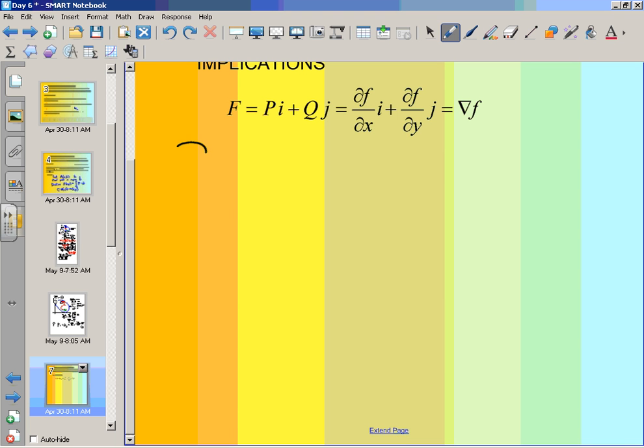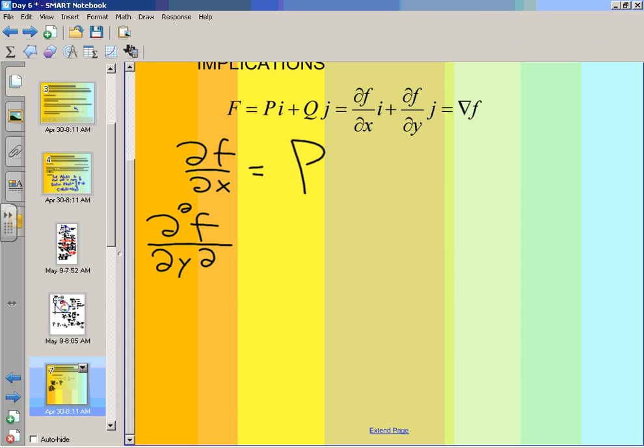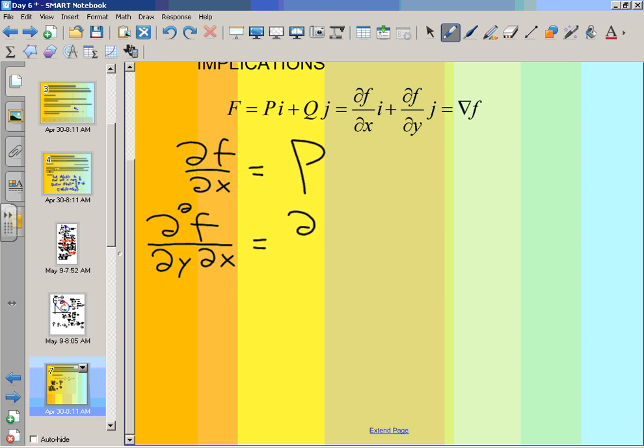So this equality tells us that df/dx equals P. And if we differentiate this with respect to y, then we would have the second derivative d squared f/dy dx, and that would be equal to the derivative of P with respect to y.